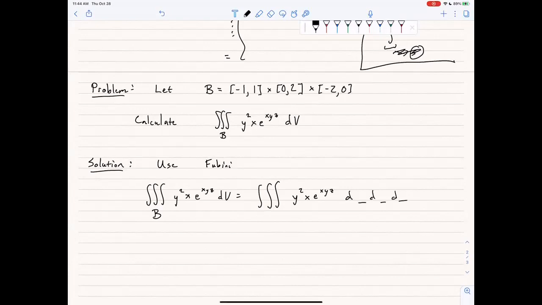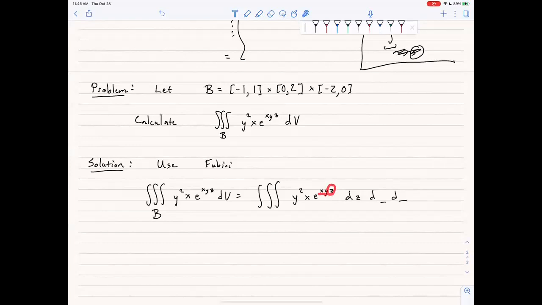What looks like it's going to be easiest to integrate first? Z. Right. Let's see if we can explain why. Right here, in front of z, we see this xy, and I see a y squared x here, but I definitely see an xy up front. So if I want to use a substitution here, rather than doing some integration by parts, z certainly seems like it's got enough flexibility.